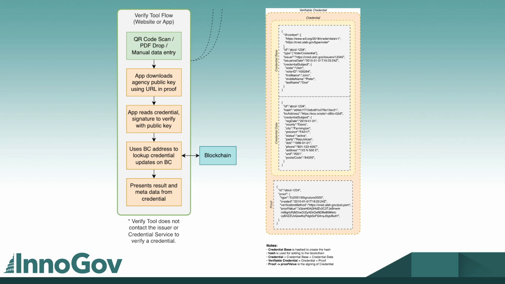Then it could have some extended information. This example here might be if we used a credential for a voter ID or voter registration. Everything here in the yellow box represents the core credential. We use that to then use public-private key encryption with a private key that will take that file, sign it, come up with a signature that then gets added in this proof section of the file.